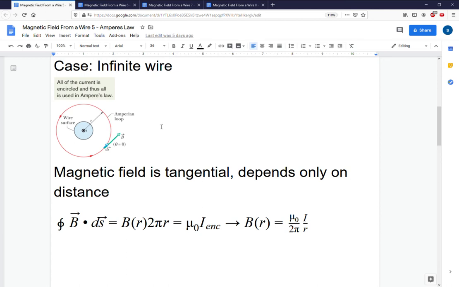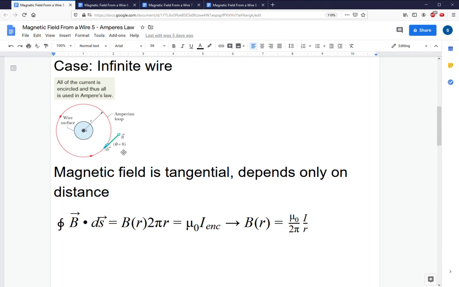Well, doing an Ampere's law analysis of an infinite wire, we can see, okay, this is the cross-section of the wire. There is a current coming out of the page, and all of that current is constrained inside the cross-section of the wire.